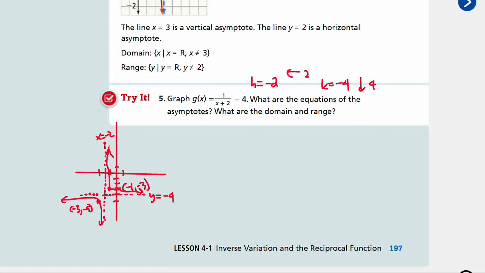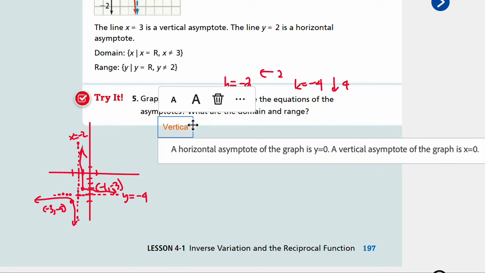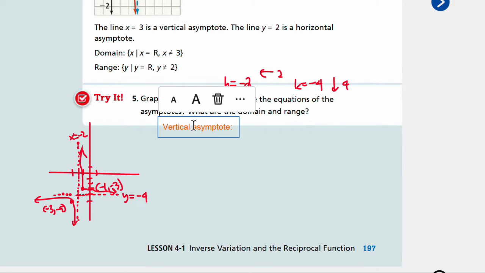Yeah, so now that we have graphed it, let's write the vertical asymptote, horizontal asymptote, domain and range in words. So the vertical asymptote is x equals -2, and the horizontal asymptote is y equals -4.